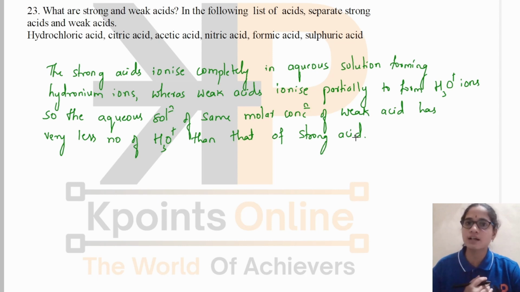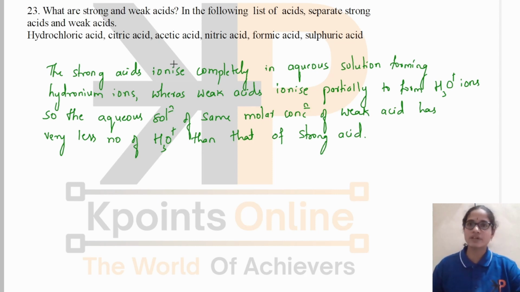All the molecules are ionized and form hydronium ions. Whereas in case of weak acid, what happens? Only part of the molecules, some of the molecules are ionized to form hydronium ions, because of which, with the same molar concentration in both the cases, the amount of hydronium ions will be more in number in case of strong acids.